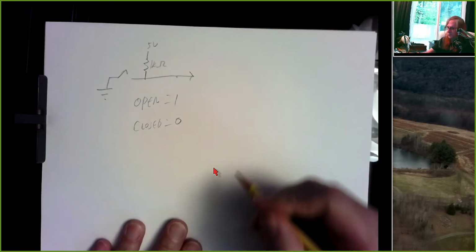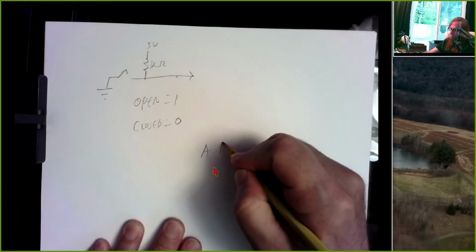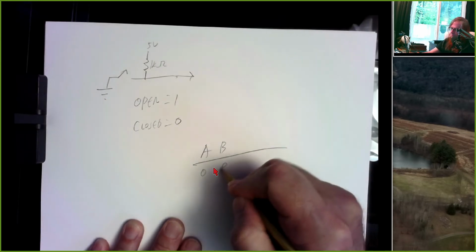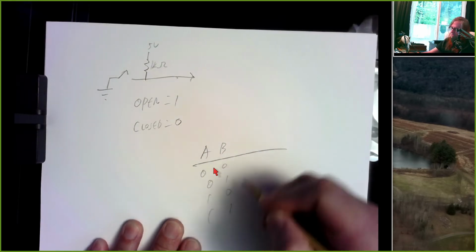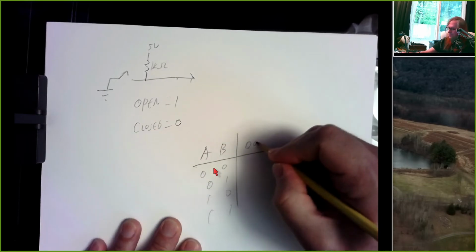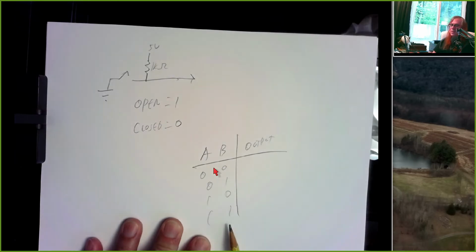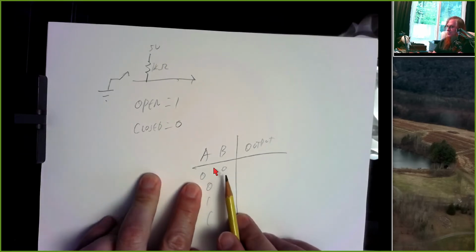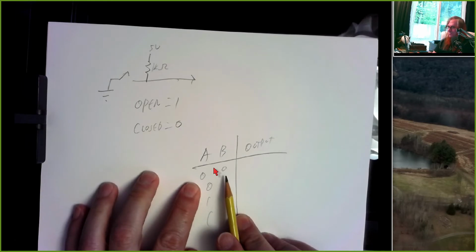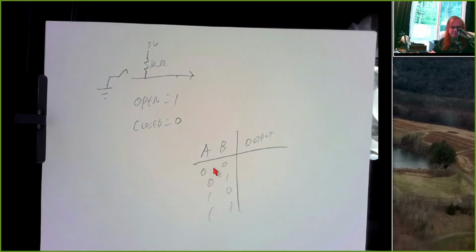So when you write your truth table and you list your 4 combinations, this bottom row is where both switches are off. This top row is where both switches are on. And it's relatively easy to get those swapped.